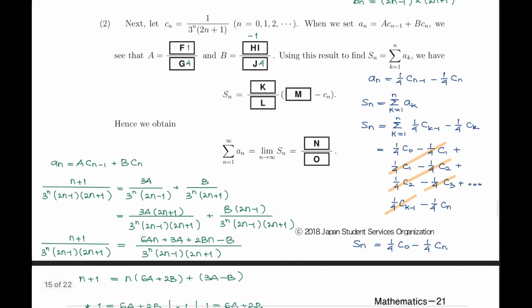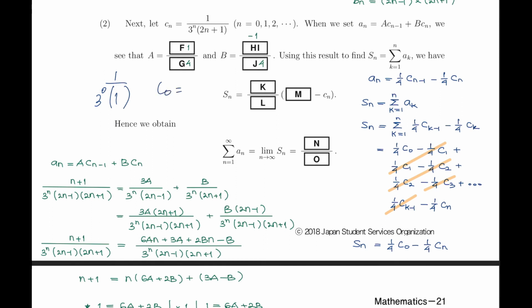And then, since they want us to express this like that, I need to simplify it. C0, substitute n with 0: 1 over 3 to the power of 0 times 1.